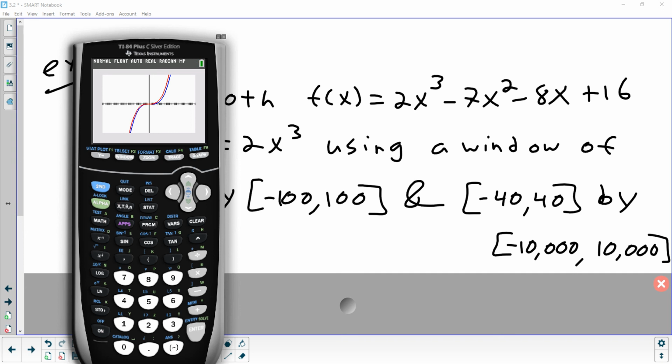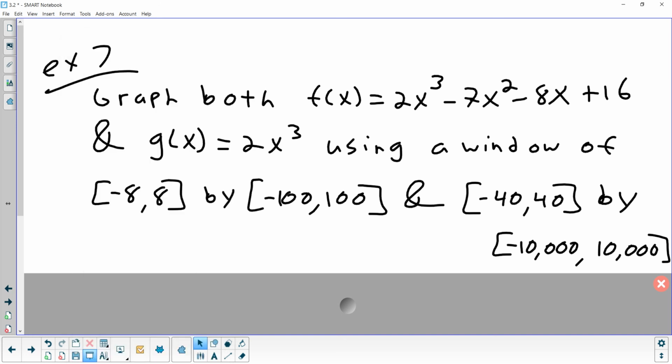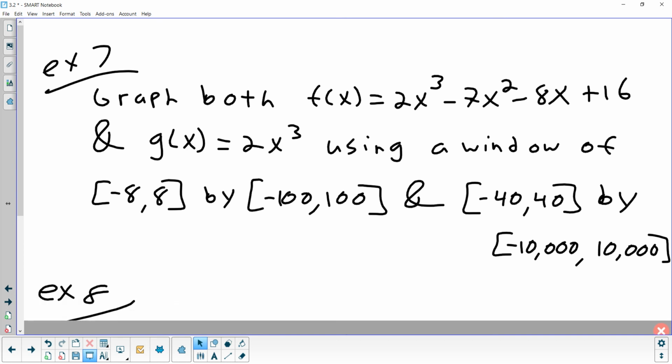They're pretty close, right? So if you're trying to predict what this function basically looks like, it's not exact, but it's pretty close. What it basically is going to look like is 2x cubed. None of these other terms made a difference at all in the big picture. In the zoomed in picture, yeah, absolutely. Okay, but not in the big picture. So that's all I want to show you for number 7. Okay, what an EBM looks like compared to the original graph.